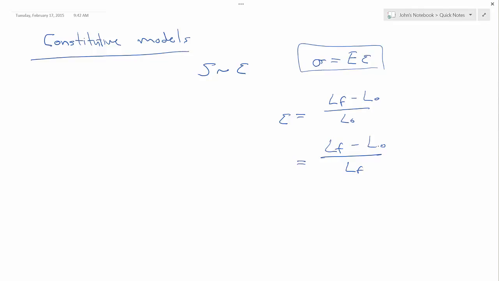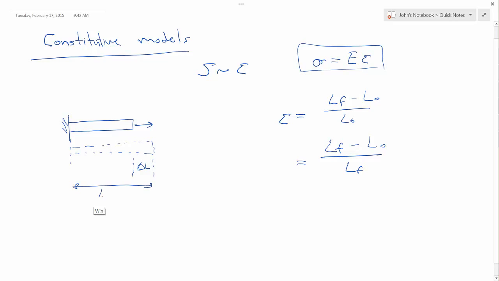So I have a bar, and I pull on it and deform it. This is my change in length, and this is L final. This is L0. So why wouldn't that be a valid definition of strain? It is, actually.